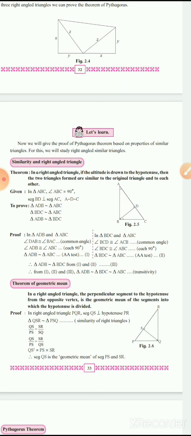So in this way we have proved the theorem of geometric mean.